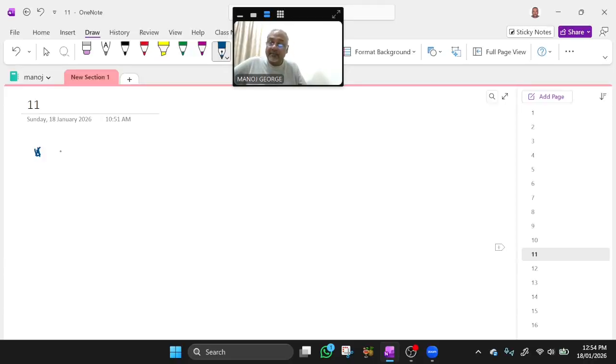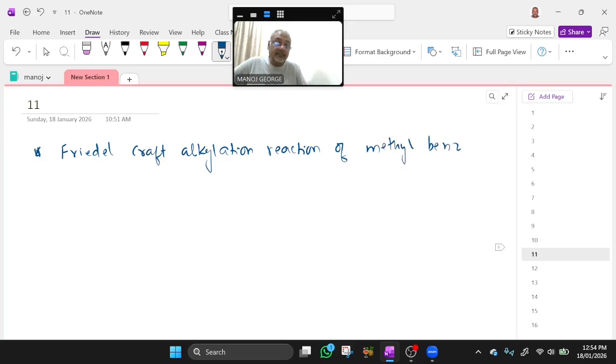So let's do the Friedel-Crafts alkylation reaction of methyl benzene, which is going to be parallel to the benzene reaction that you have studied. The only small thing to keep in mind is the presence of CH3 and what effect it has.